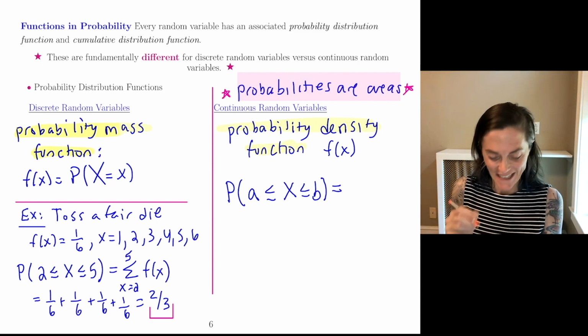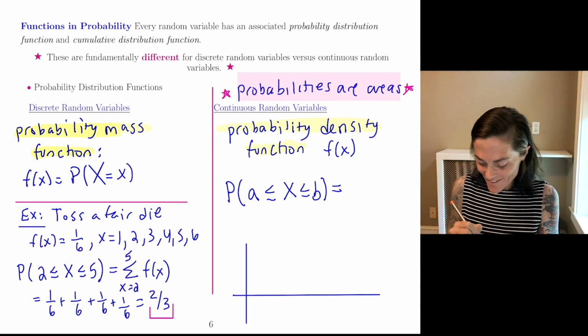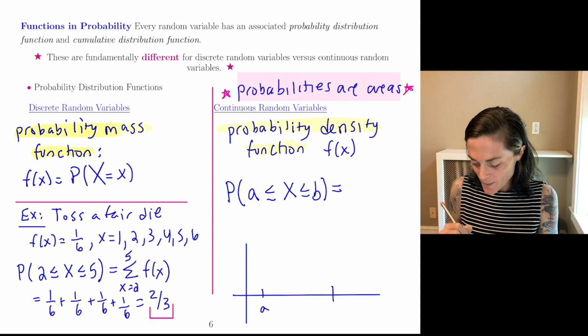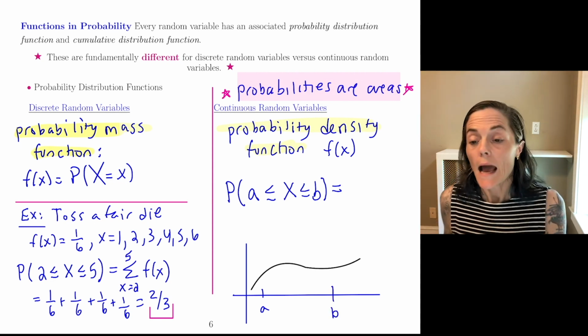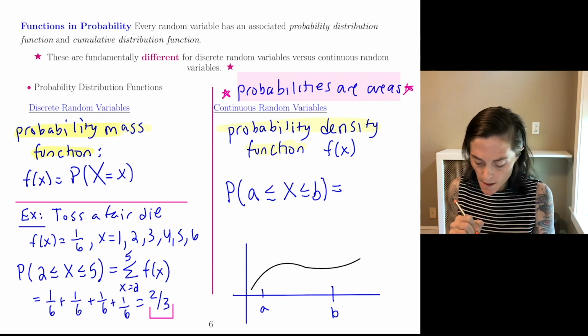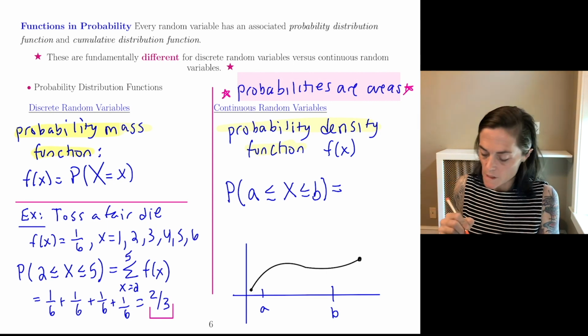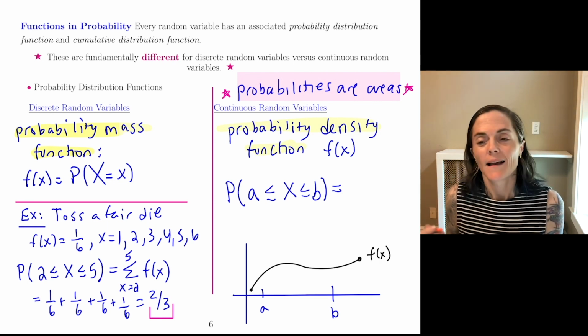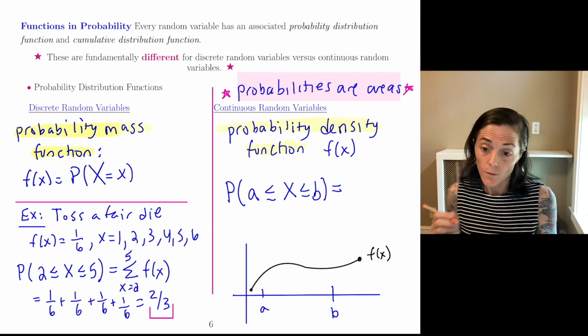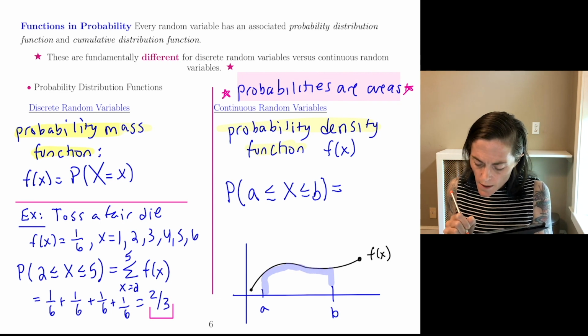Well, let's draw a picture, and then I'll write down what it is. Okay, so we have an a, we have a b. I'm not sure what my function is, but let's say this is my probability density function here. Say this is f of x. Then the probability, well, it's area. So it would be this area here under the curve and above the x-axis.